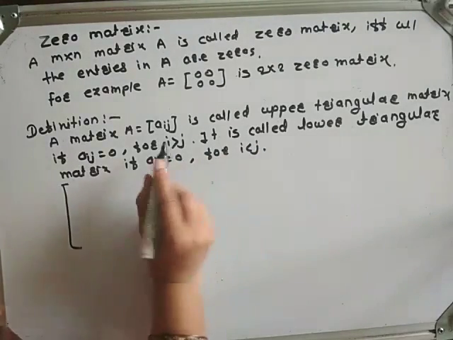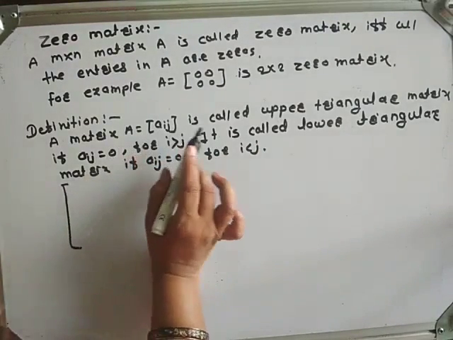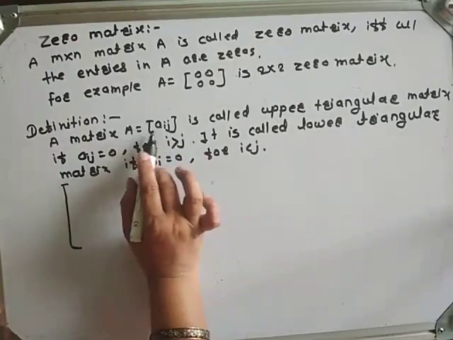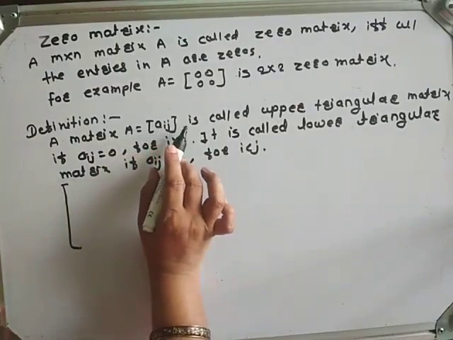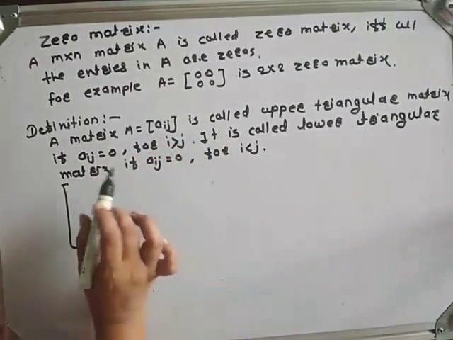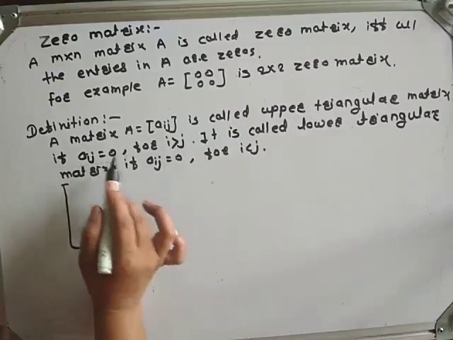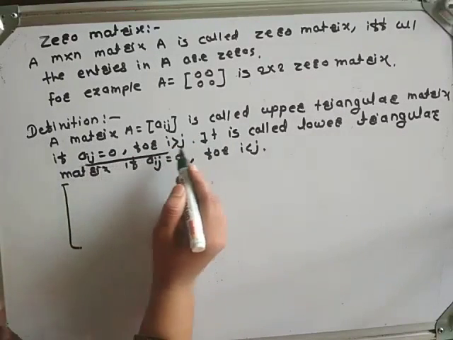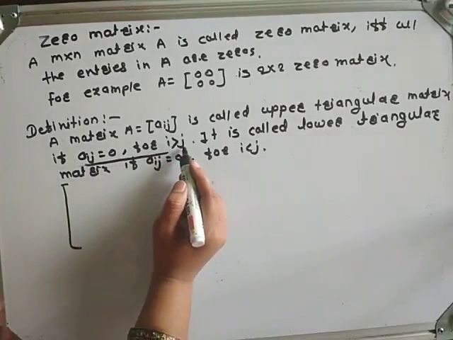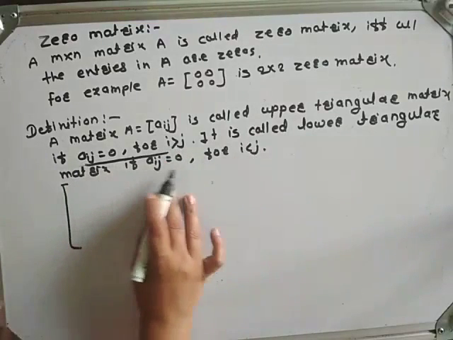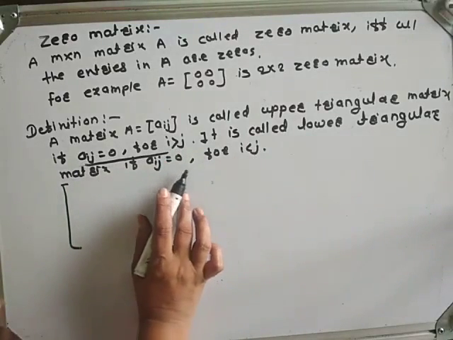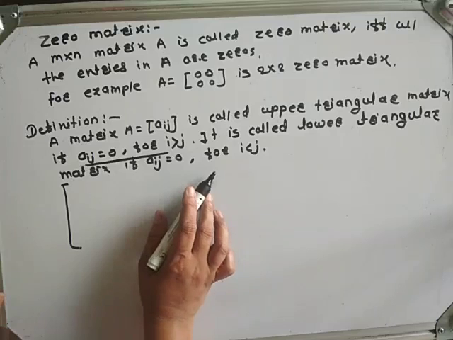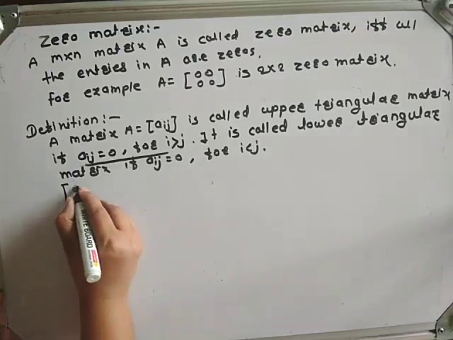See here, what is an upper triangular matrix? Matrix A equal to matrix Aij is called an upper triangular matrix if Aij is equal to 0 for i greater than j, and it is called a lower triangular matrix if Aij is equal to 0 for i strictly less than j.